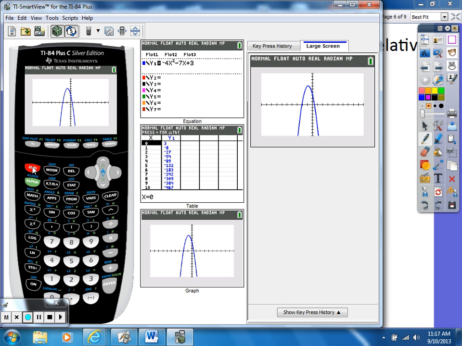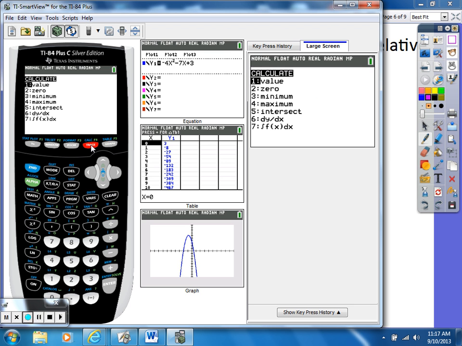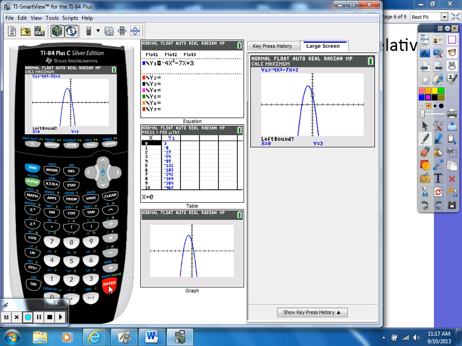We go to second calc. Now, we just talked about this. Are we finding the max or the min? Okay, so go down to where it says max. And actually now they say maximum. Is yours a little easier to see now compared to last year? Oh, it is. Okay, so notice yours says left bound, right?